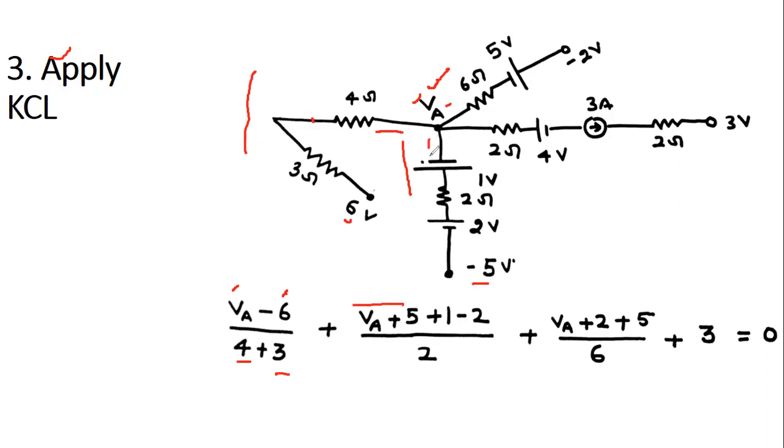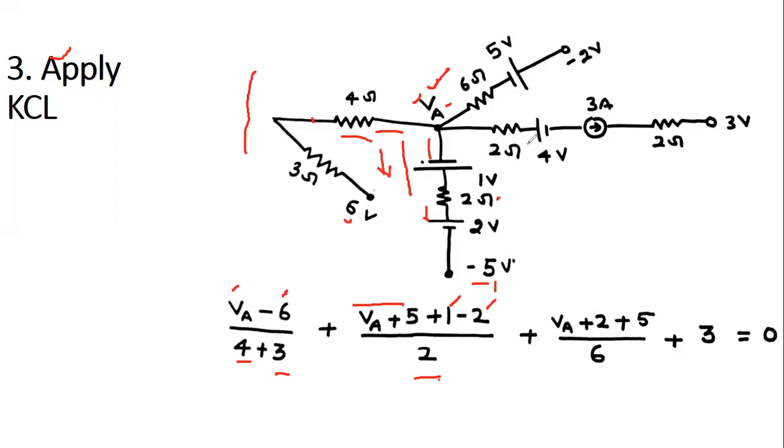Here we are getting the negative sign, so consider it as the plus sign. So the potential difference is VA plus 5 plus 1 minus 2, divided by resistance 2, because this is the resistor. This is my first current, this is my second current.